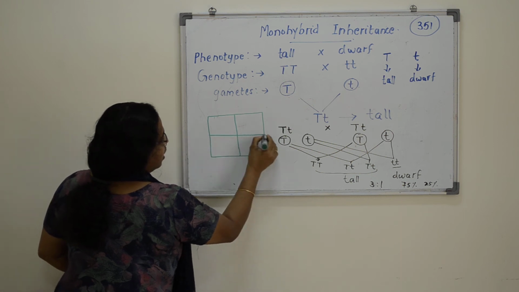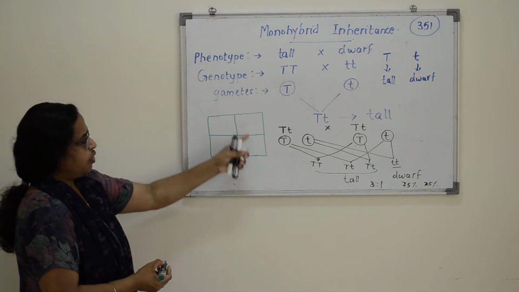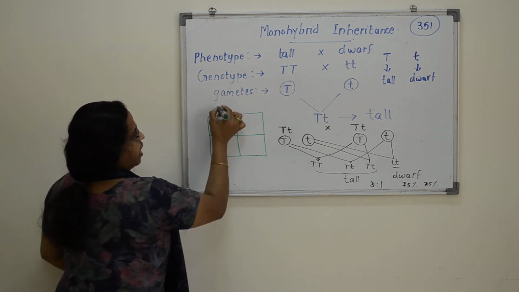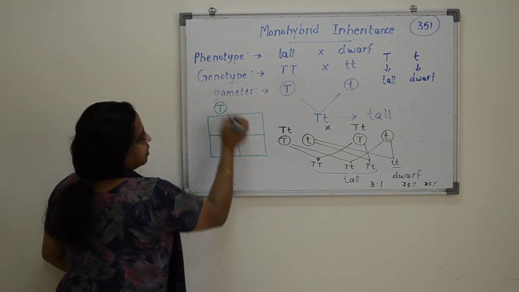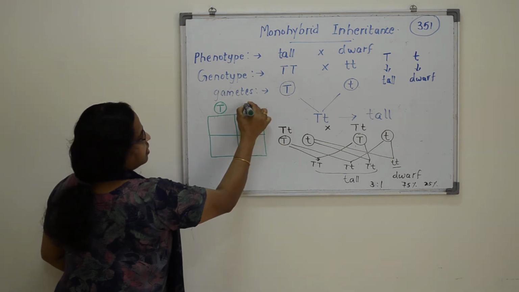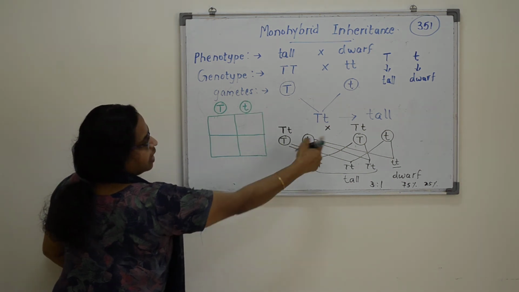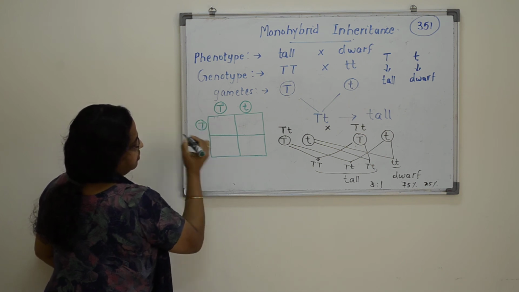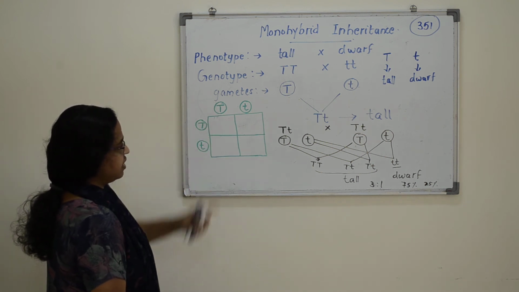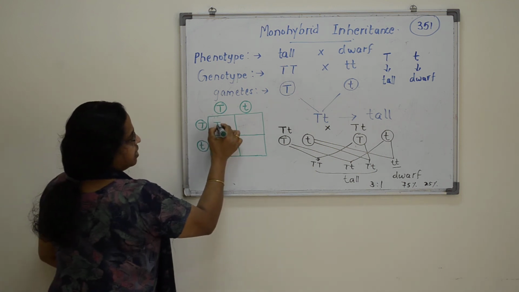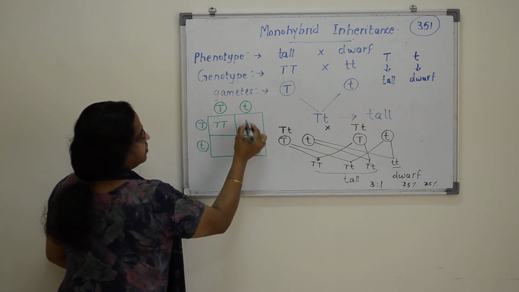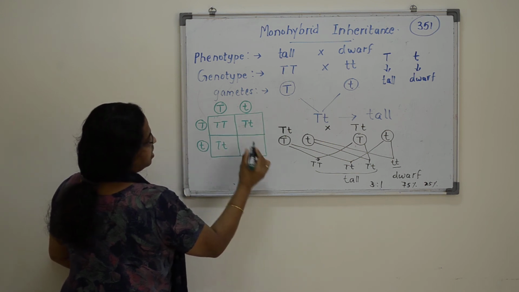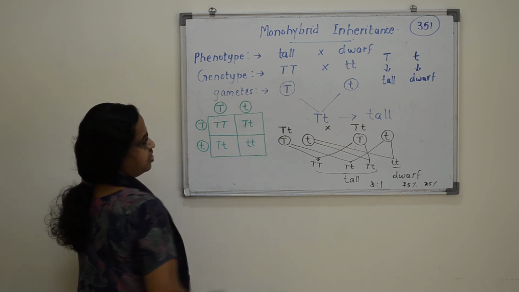So there are 4 boxes. Here we write the first gamete and second gamete of one parent, and the first gamete and second gamete of the other parent, and you can cross them. Capital T capital T, capital T small t, capital T small t, small t small t.